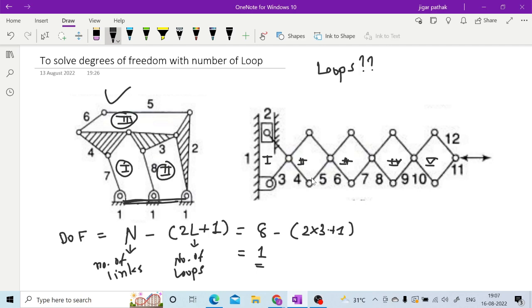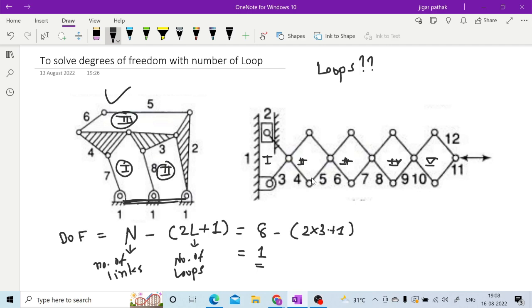See, I have told you that we are finding the degree of freedom for this particular mechanism shown in these two different figures, right? Have you listened to it or you haven't? Hello? Hello, Dhruv? Hello sir, I have joined now only sir.